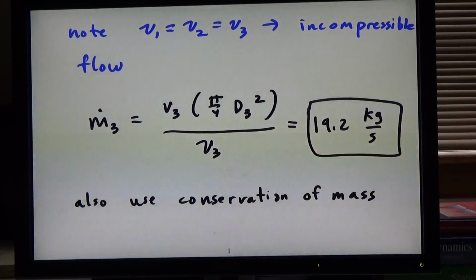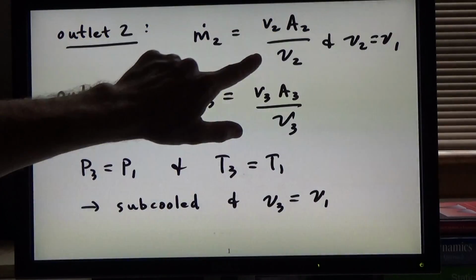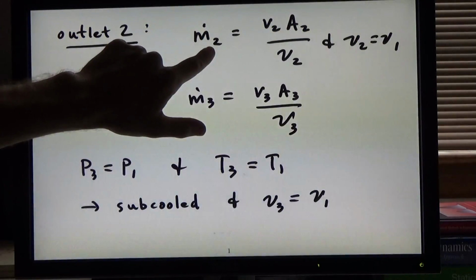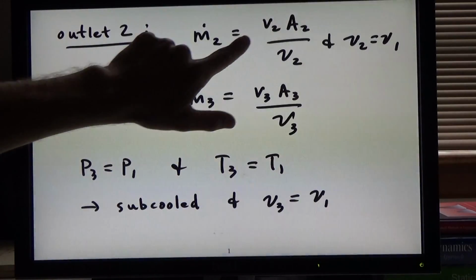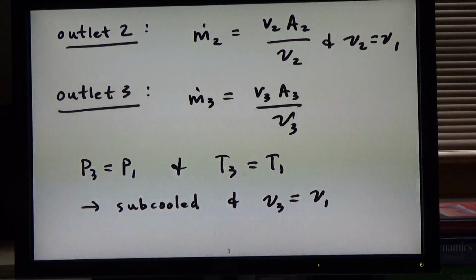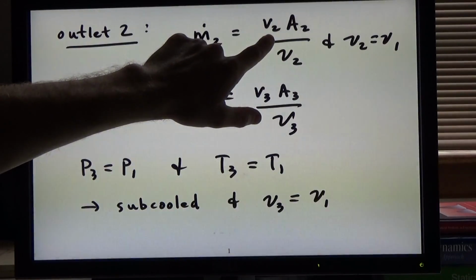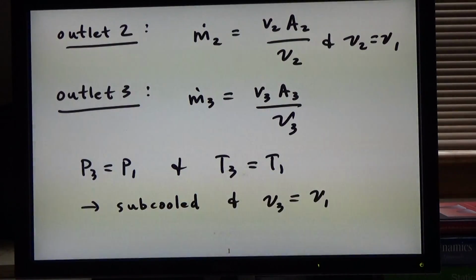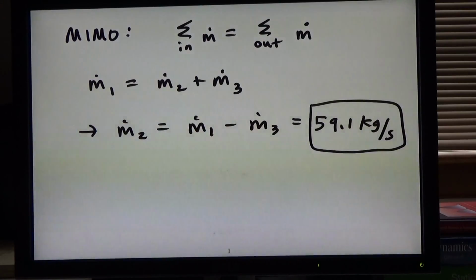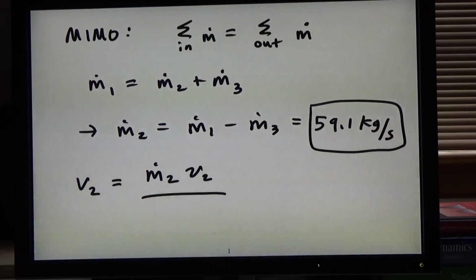So velocity at exit number 2, now we can use this equation that relates the mass flow rate for exit 2 to the velocity at exit 2. So here we can just resolve this equation for velocity 2 since we know m dot 2. So we get V2 is equal to m dot 2 times specific volume 2 divided by our area 2.